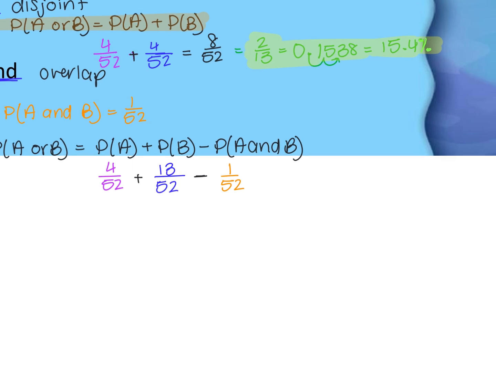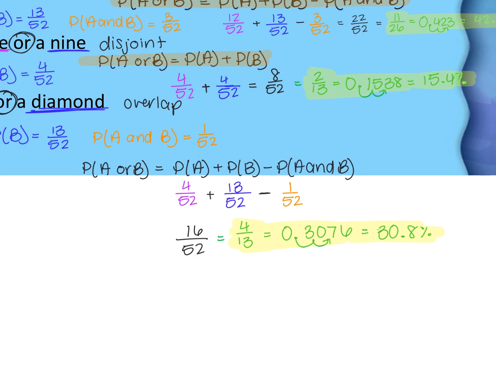If you added and subtracted correctly, you're going to get 16 over 52, which can be simplified to 4 over 13. Changing that to a decimal, 0.3076. I'm writing the 6 because I'm going to go ahead and round up for my percent. 30.8% would be my percentage if that was my answer. And then because it was an overlap, this was the formula that we used.